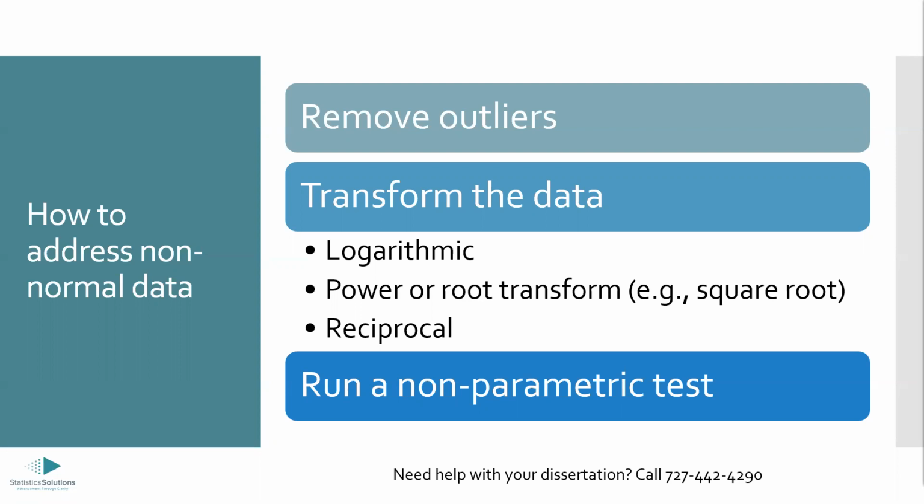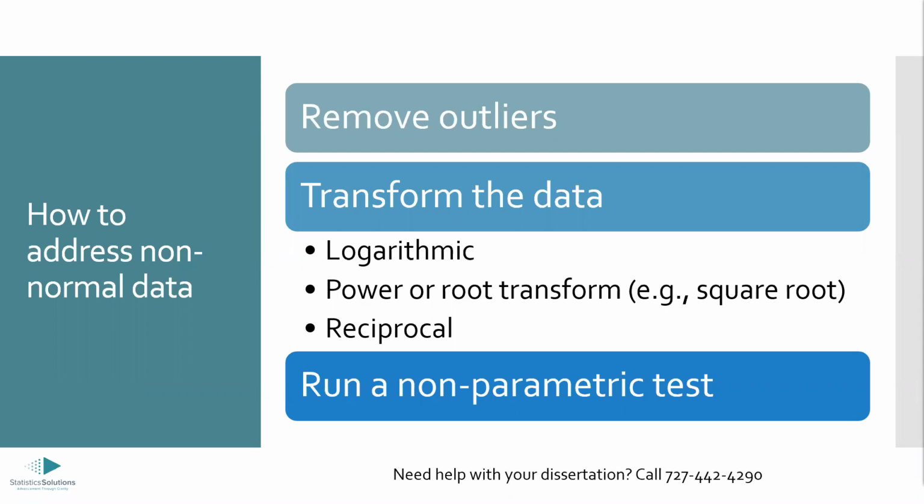And the good thing is that a lot of the common statistical tests that we use, such as t-tests or ANOVAs, have a non-parametric version of that test that we can use in case we have a violation of an assumption like normality.